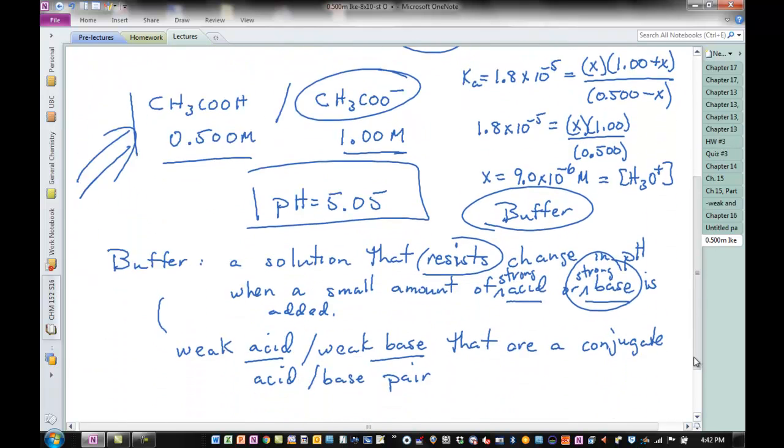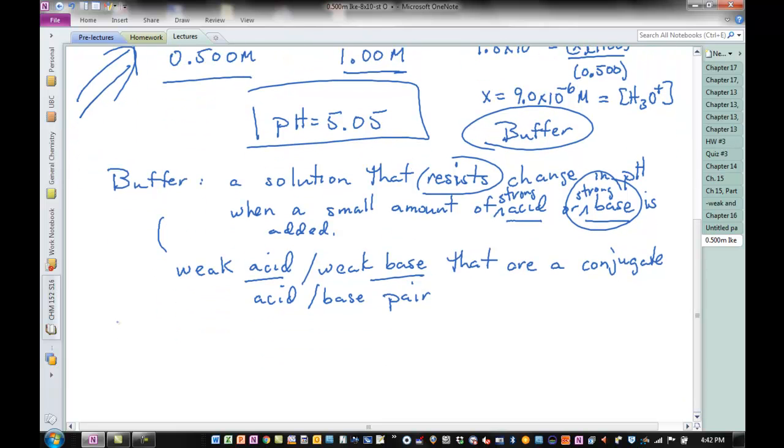And the very last thing for this pre-lecture, let's consider two things, but one main thing and one minor thing. Let me write down a couple of formulas here. Would that be a buffer? Yeah, right? This is a weak base.